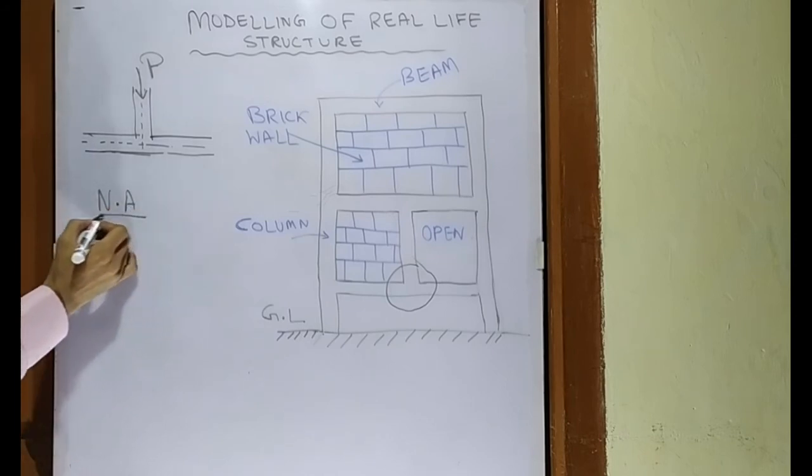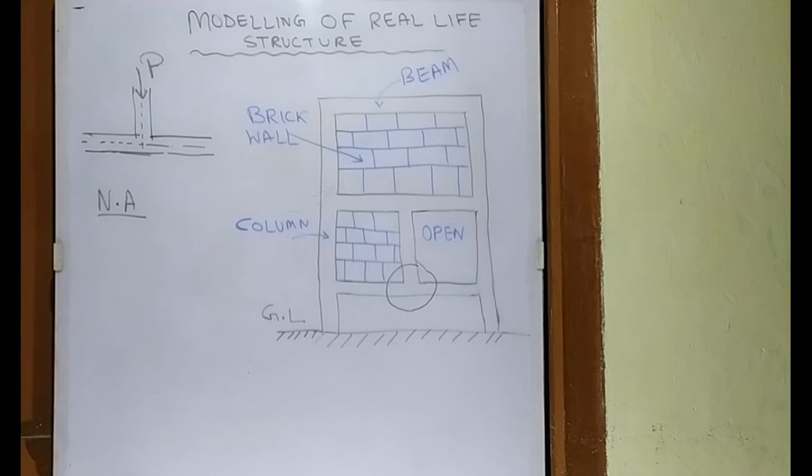Neutral axis is a very important concept which we have learned in strength of material in our elementary course. The neutral axis may change according to the shape of the column and the shape of the beam. This is a very important thing.